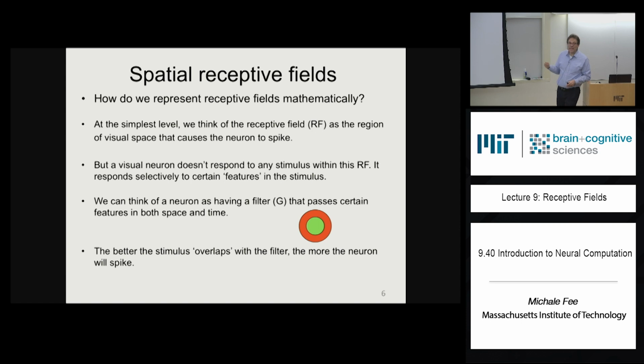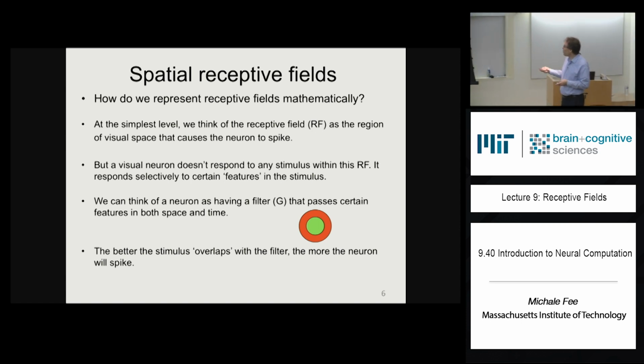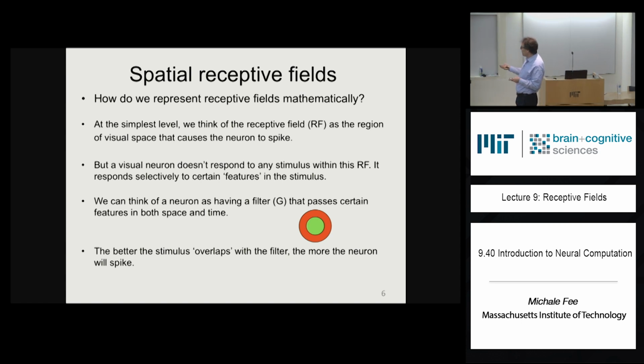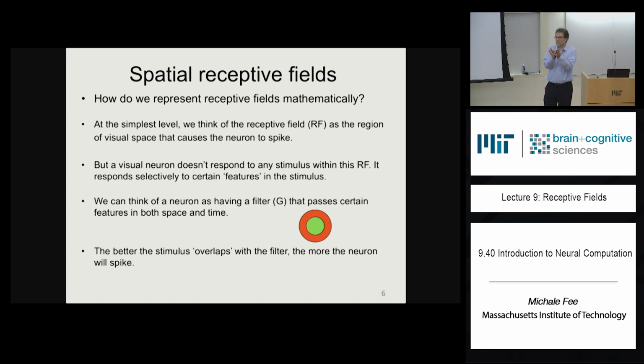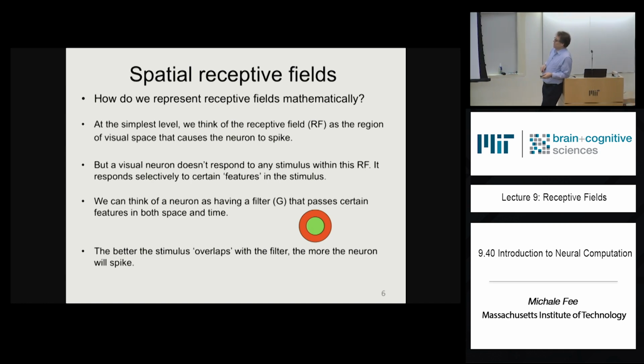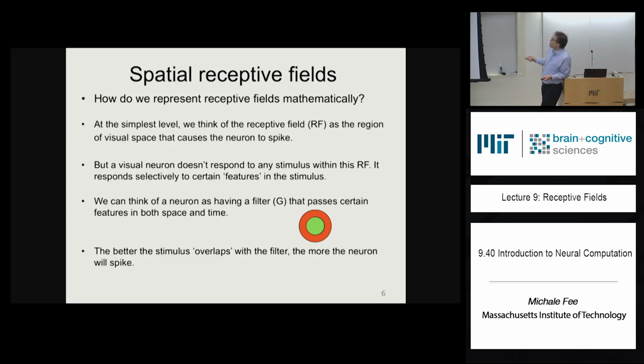This is a classic organization of receptive fields, let's say in the retina or in the thalamus, where you have an excitatory central part of a receptive field and an inhibitory surround. So we can think of this as a filter that acts on the sensory input, and the better the stimulus overlaps with that filter, the more the neuron will spike.